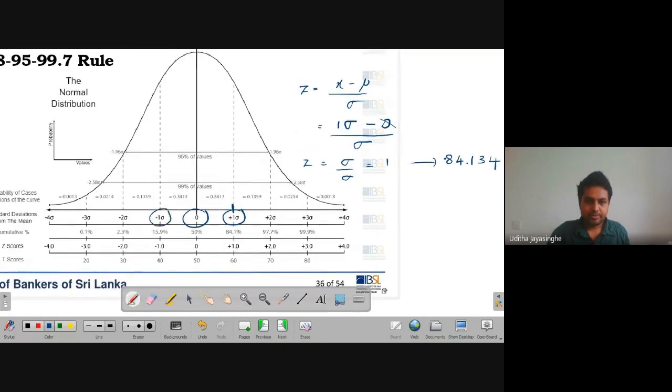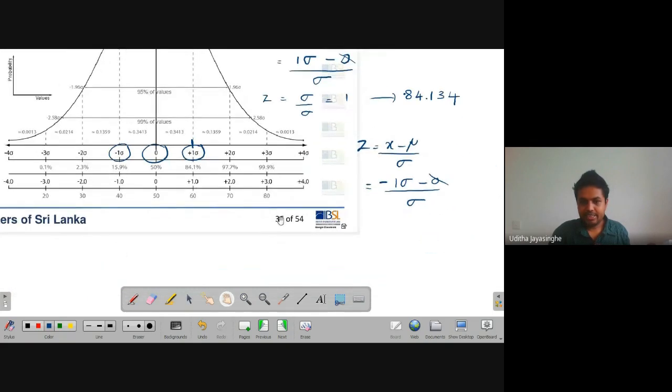Now, like Shahan said, let's try to look for the negative value also. I'll apply the same equation. Z is equal to x minus mu divided by sigma. Now this x is negative 1, mu is 0, sigma is 1. This 0 is being chopped off, and then my Z value is going to be negative 1.